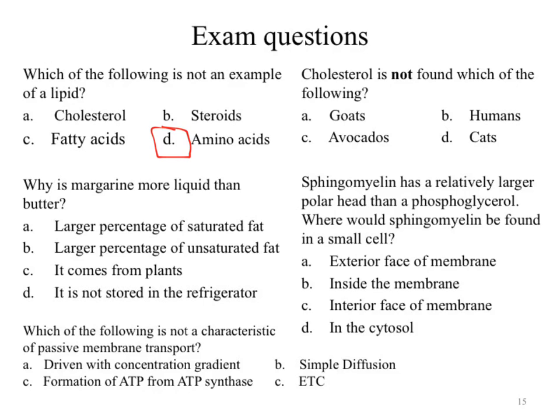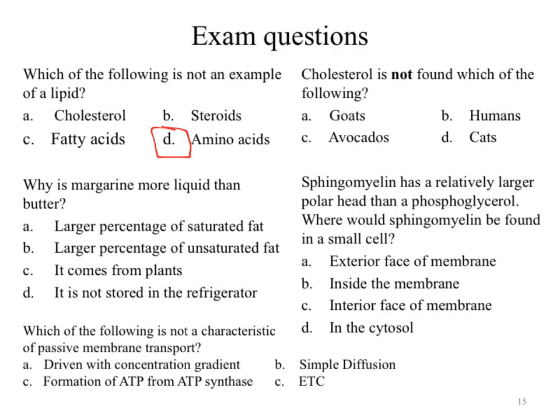Why is margarine more liquid than butter? Margarine, for those of you that didn't know, is actually a plant-based oil, synthetically designed to give us that same sort of structure as butter. So it does come from plants, but does that explain why it's more liquid than butter?